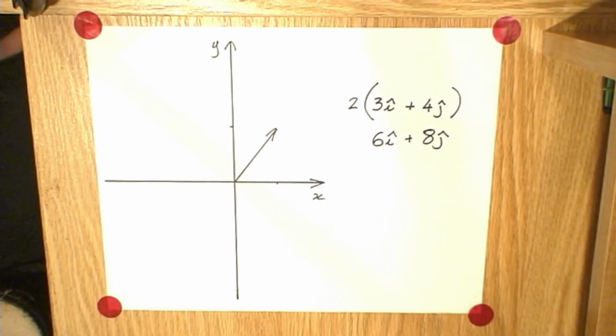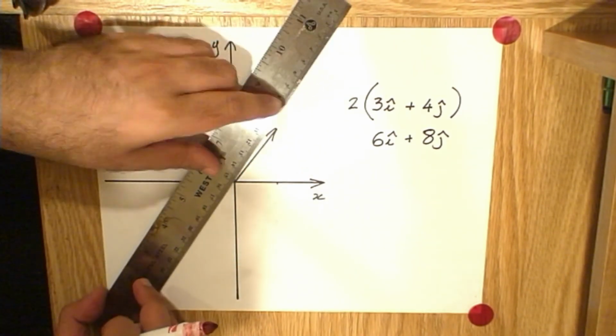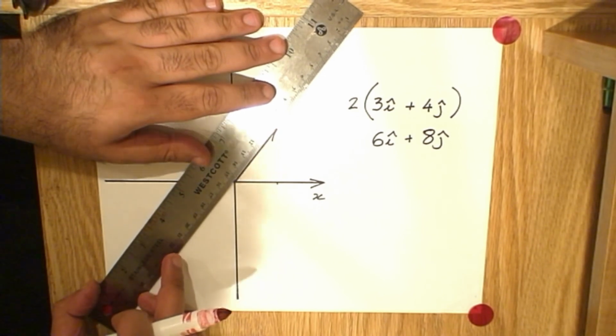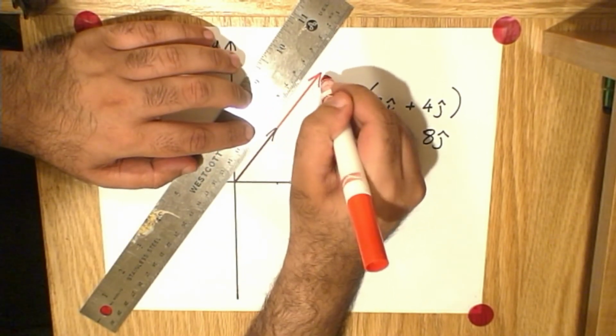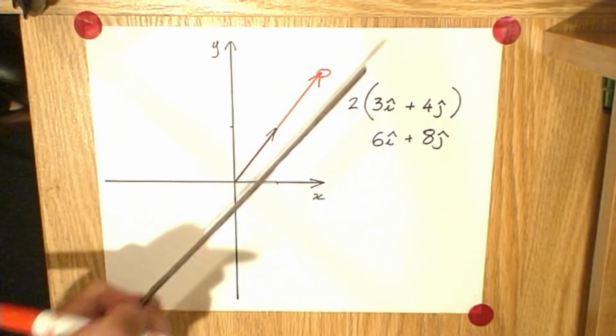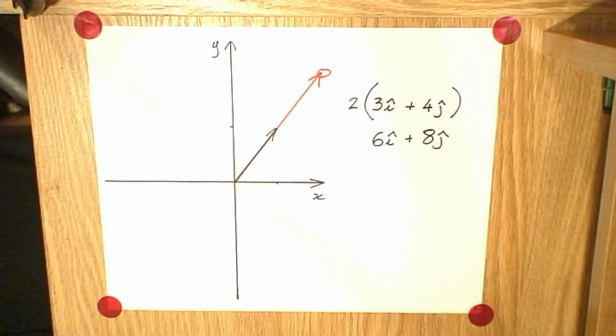What does the scaled vector look like? Something like this. The new vector is now twice as long as the original one, or more precisely, it has twice the size, but the orientation remains the same.